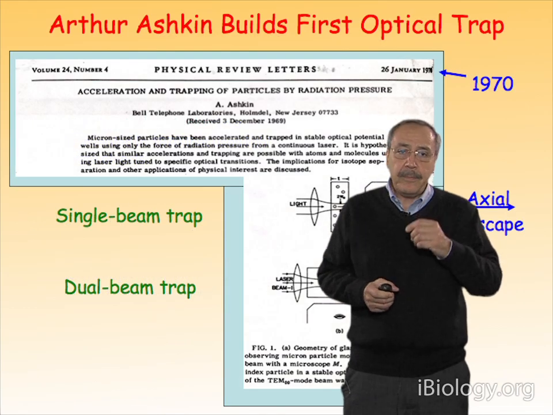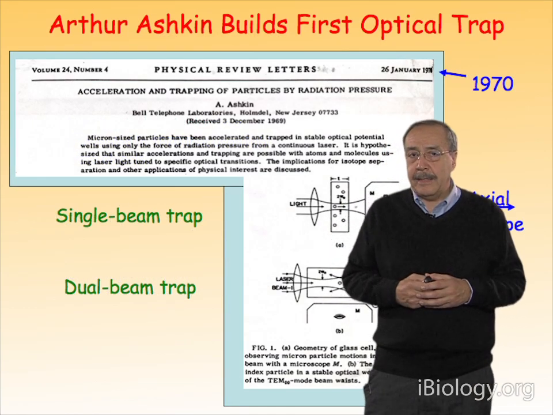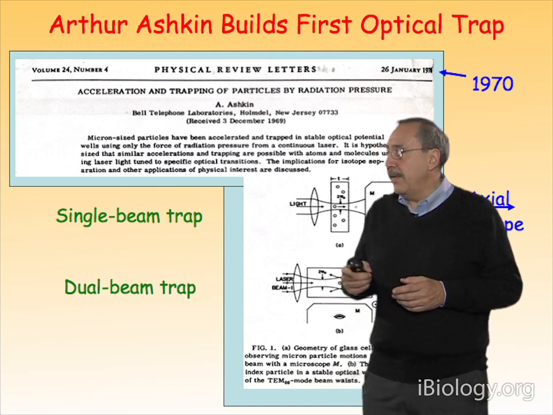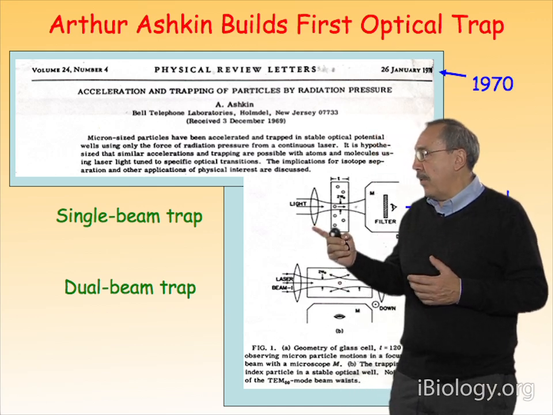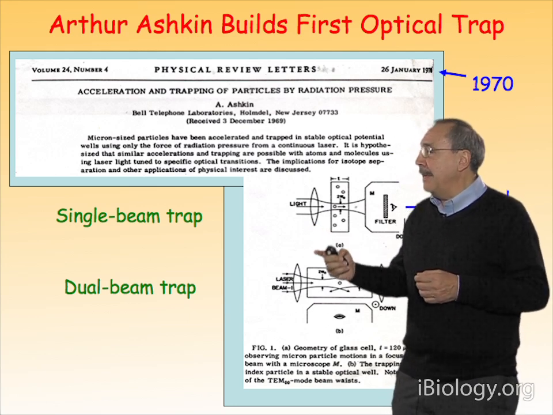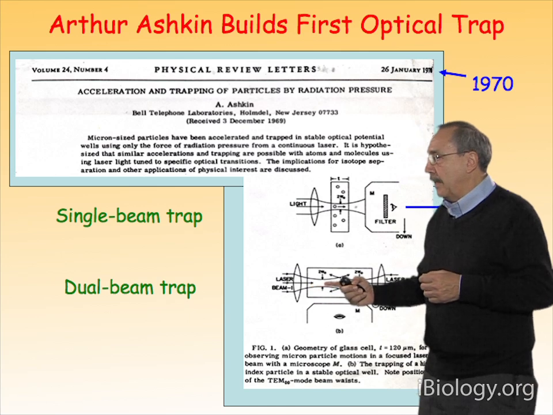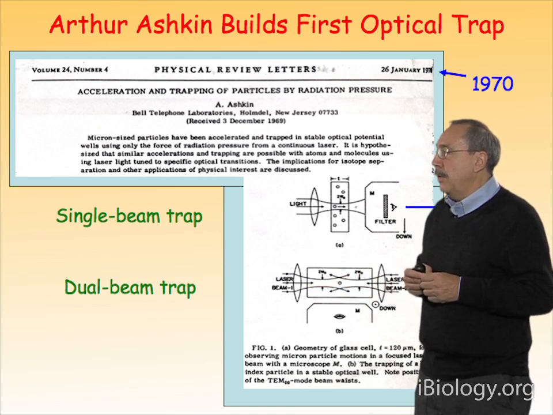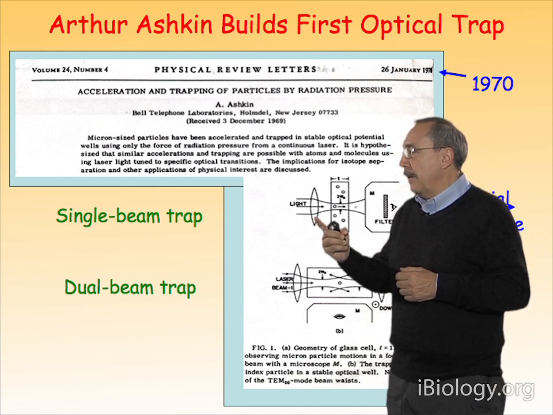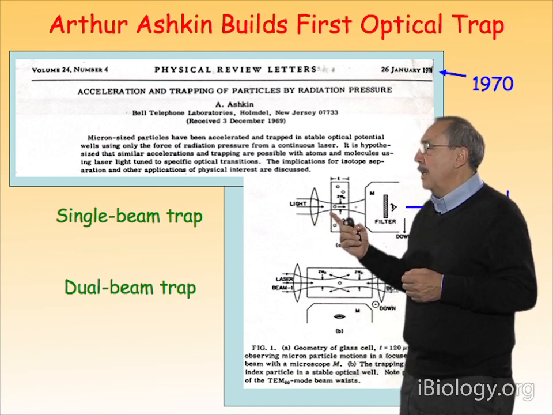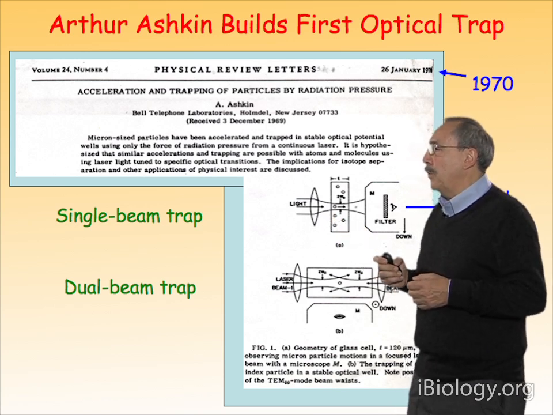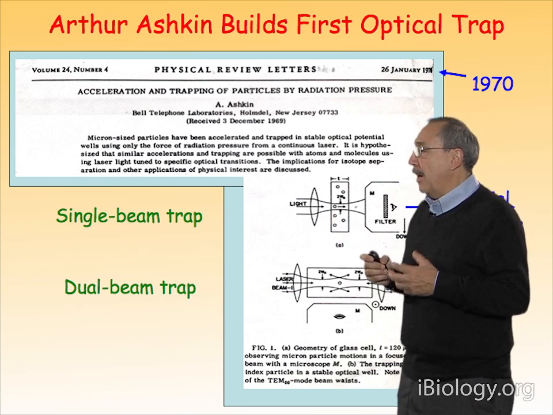In fact, here you see a paper that was published by Arthur Ashkin in 1970, where he describes the single beam trap or single beam optical tweezers instrument. It's also called an optical trap, and the double beam optical trap, as indicated here. They found that if they focused a light beam to a diffraction limited spot in a cuvette that contained many small plastic beads, it was possible to actually trap momentarily those beads.